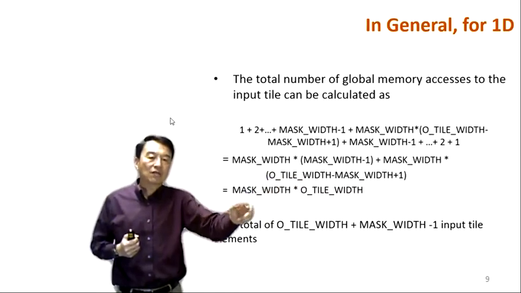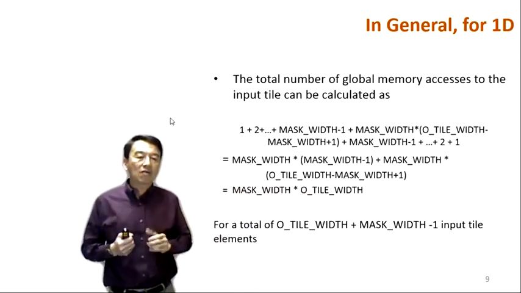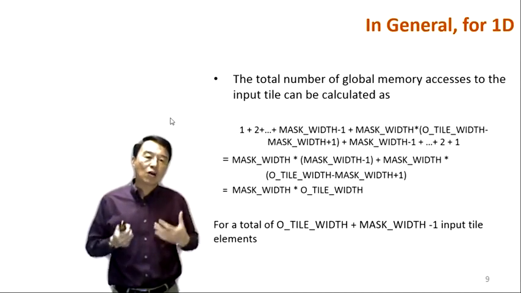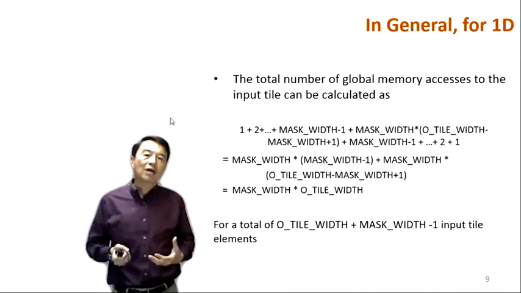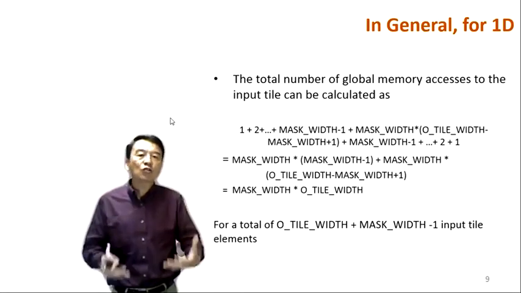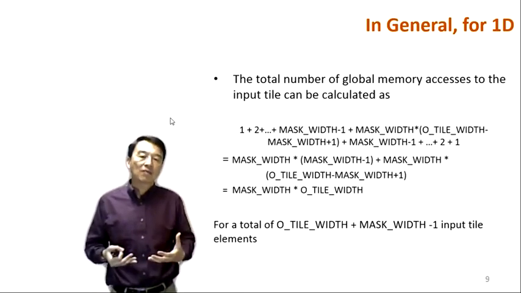So this gives us a total of mask width times the output tile width. This is a very simple calculation, but it gives us the total number of global memory accesses that are converted into accesses into the shared memory version of the input tile.